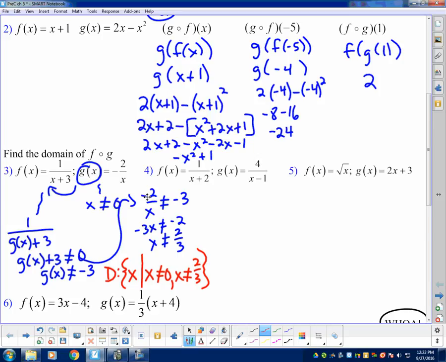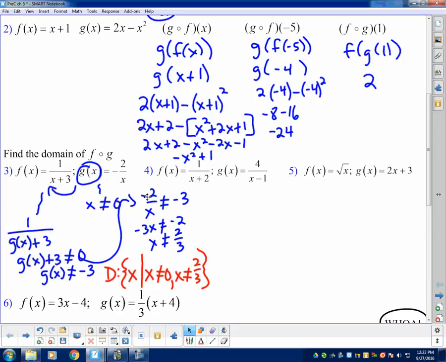That's how they'll state it in the back of the book when you're doing these problems, so you should understand that notation. The fancy brackets mean the set of all, and then you list the variable. The reason we list the variable is because if I were talking about range in this case, I would be talking about y. And then you list all the restrictions, and that's probably the best way to do it. Another way you could do this would be with interval notation, and you would have to use unions.